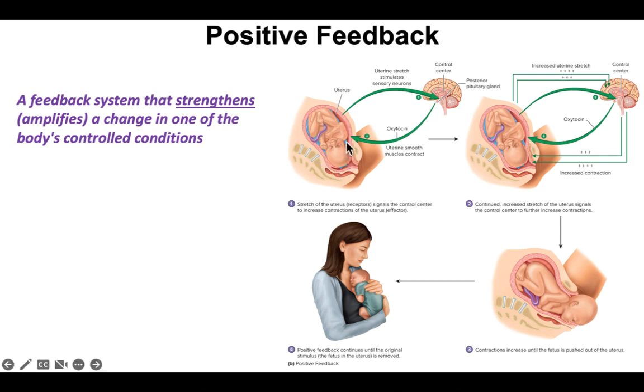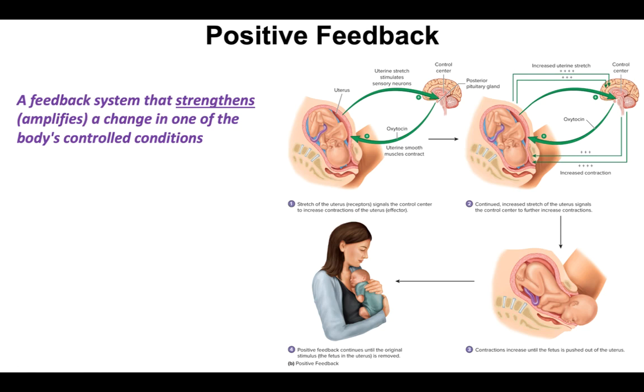So here's the baby, right? The fetus. It's inside a uterus, all right? And at some point, we want to push that baby out. It comes out of a region of the uterus called the cervix. So how do we do that? Well, at some point, there's pressure on this area, this cervix, and that cervix has stretch sensors.